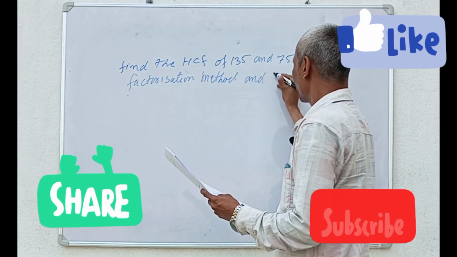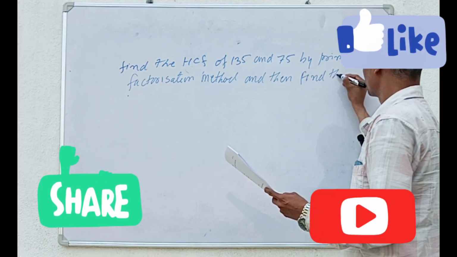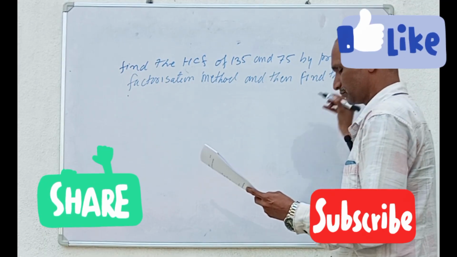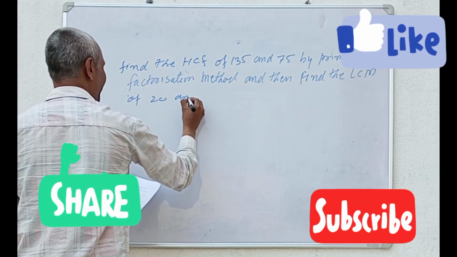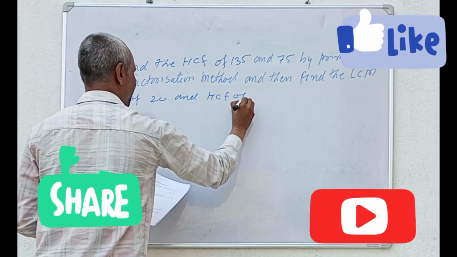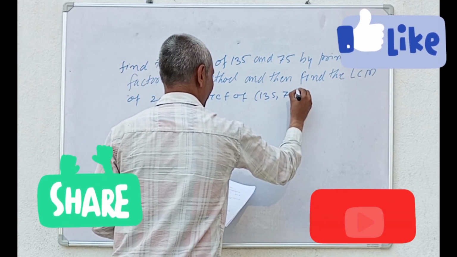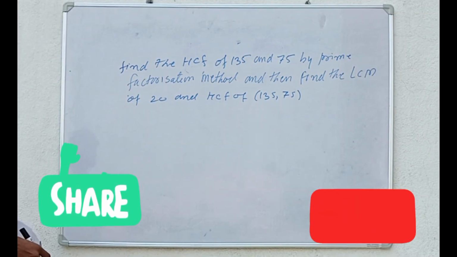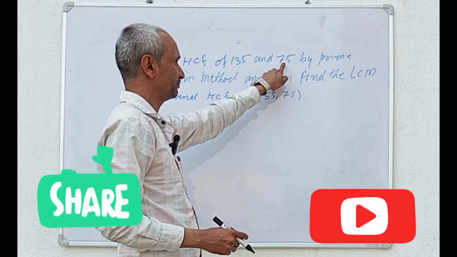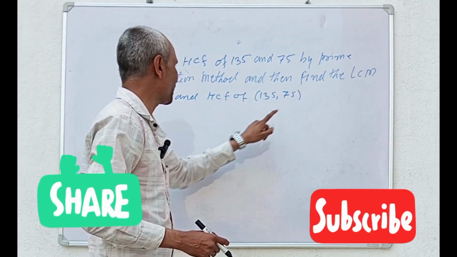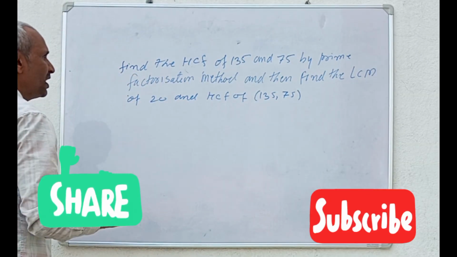And then find the LCM of 20 and the HCF of 135 and 75. In this question, we have to first find the HCF of the numbers 135 and 75. Then we have to find the LCM of 20 and that HCF. So first we are going to find the HCF of these numbers.